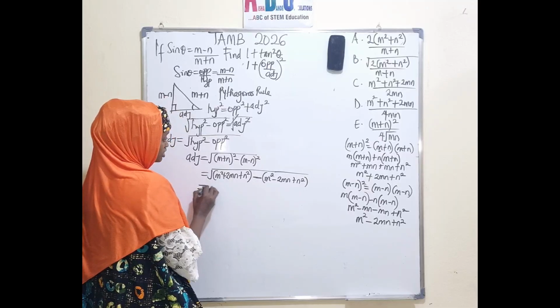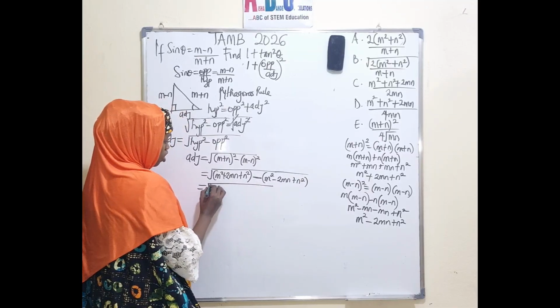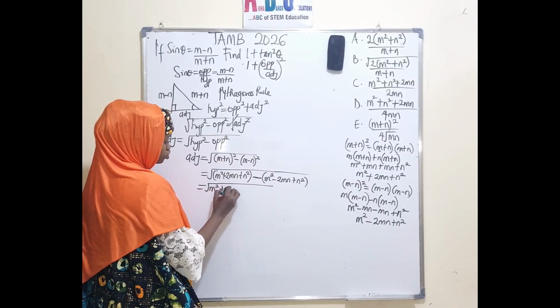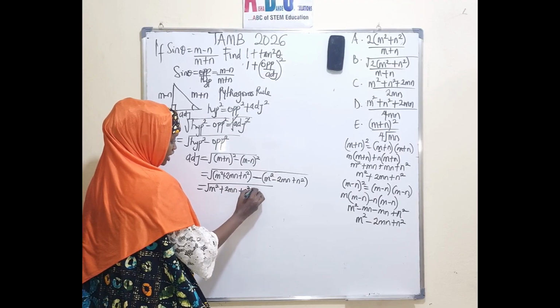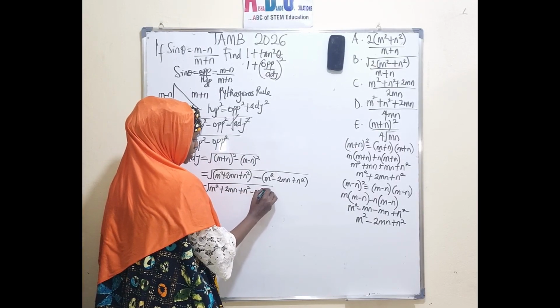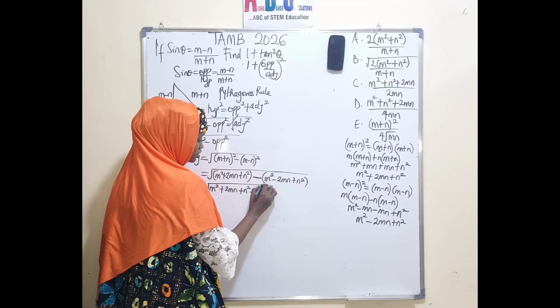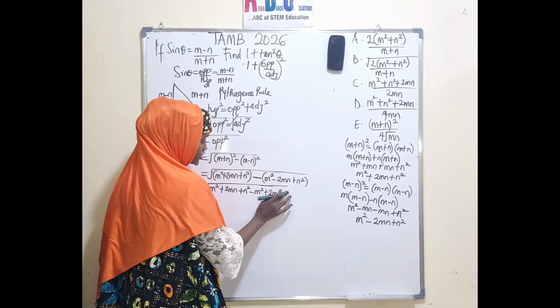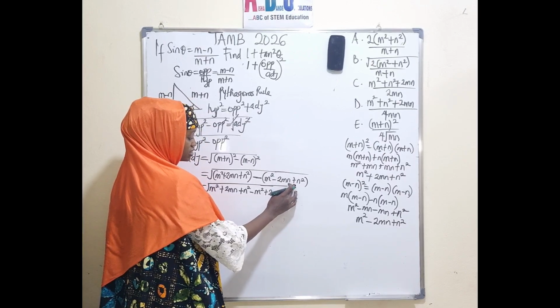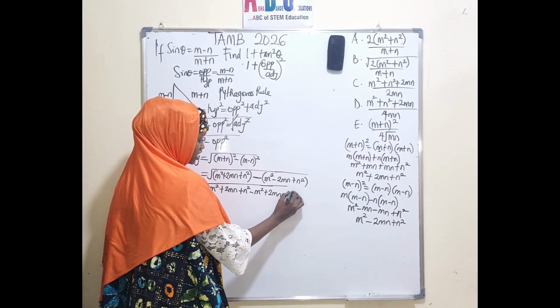So let's simplify this. This is equal to the square root of m squared plus 2mn plus n squared minus m squared, minus times minus here is a plus 2mn, then plus times minus here. You see the signs are changing, right? So we have minus n squared.